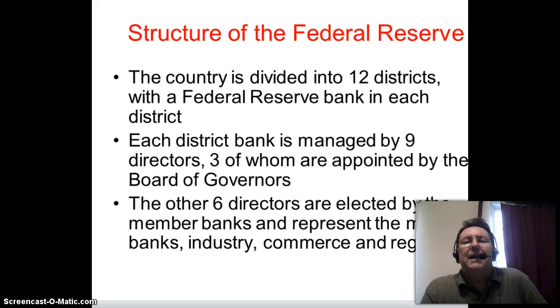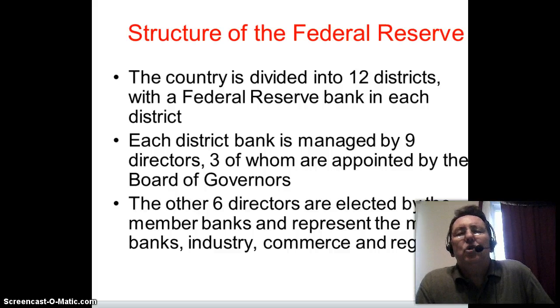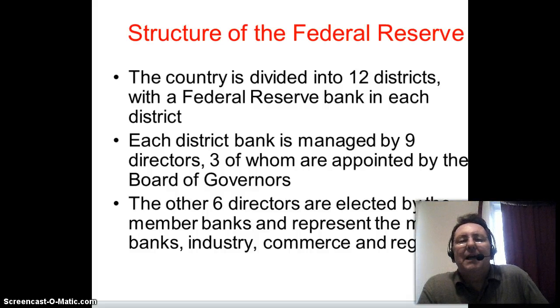The country is divided into 12 geographic districts with a Federal Reserve Bank in each district. They are set up from coast to coast, from Boston to San Francisco. Each of these district banks is managed by 9 directors, 3 of whom are appointed by the Board of Governors. The other 6 directors are elected locally by the member banks, and they represent the member banks, industry, commerce, and regulations.